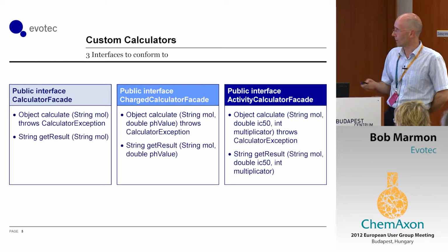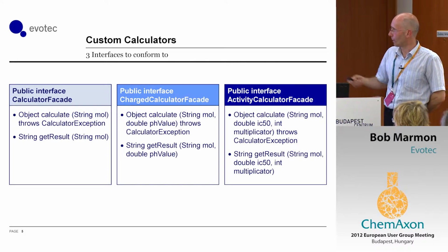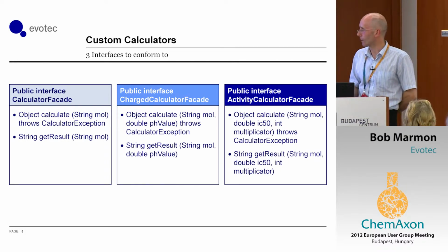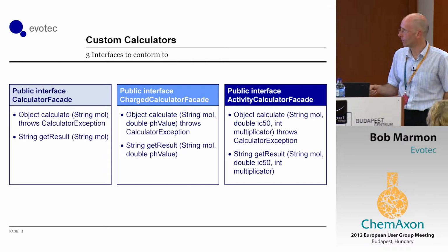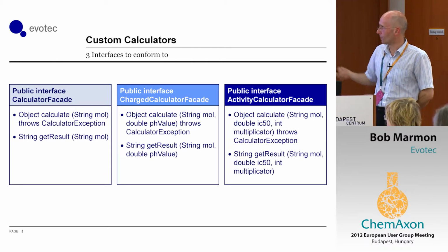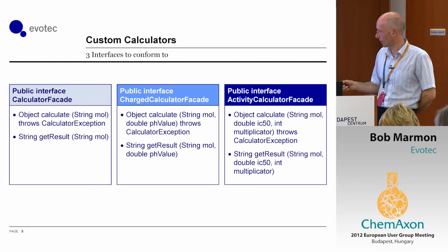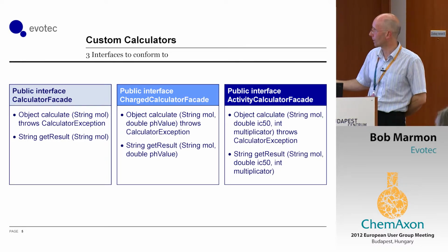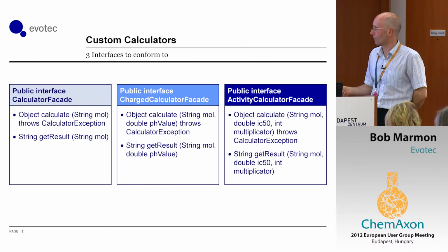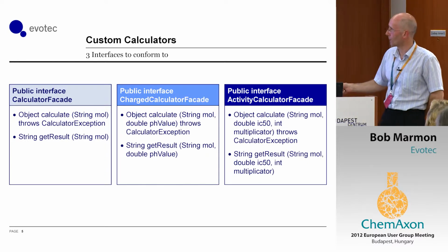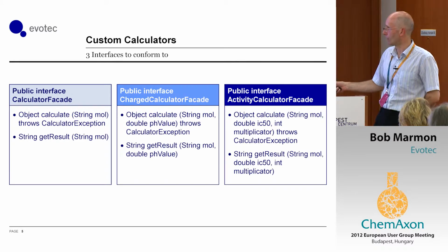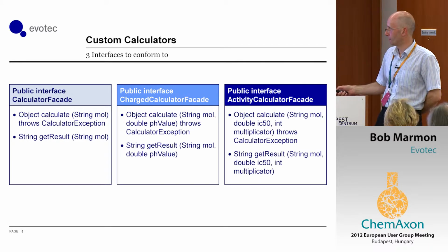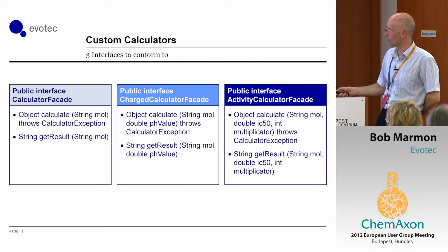So we started designing our library of calculations, and we thought we'd like to make sure that they all conform to the same structure. So we designed a series of interfaces that we thought would cover the different sort of calculators we wanted to do. So there's a basic calculator facade, and then if we need to involve pH values in there, we've got an interface that takes account of that.